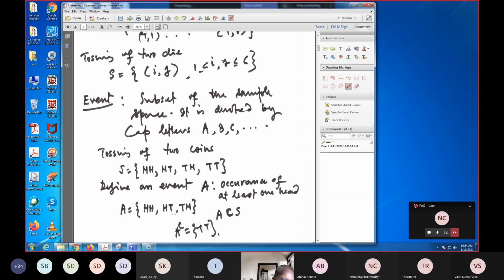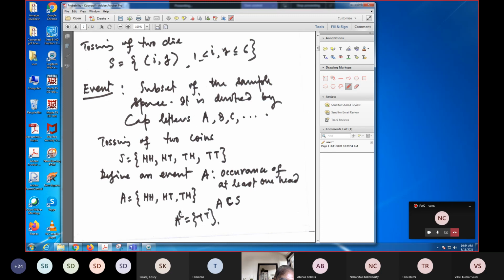So occurrence of A is an event. Okay. An event I have defined in terms of the language which has been converted in the form of a set. Now A is a subset of sample space. Similarly, the complement of this I can write in a set form. So it consists of the single element.